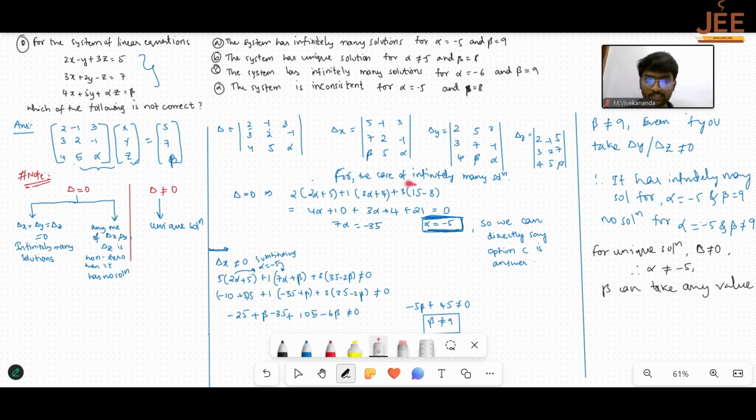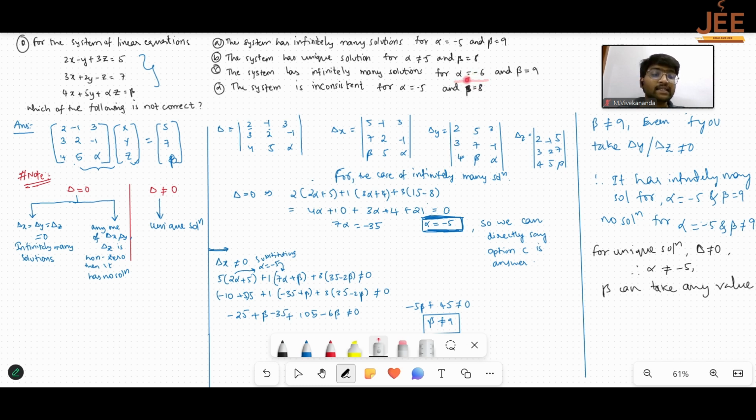Now let's first check the case of infinitely many solutions. The first condition we have to apply is delta equal to 0. If we apply delta equal to 0, after some mathematical computation, alpha comes out to be minus 5. In the exam you can see that we have two options: the system has infinitely many solutions for alpha equals minus 5, and the system has infinitely many solutions for alpha equals minus 6.